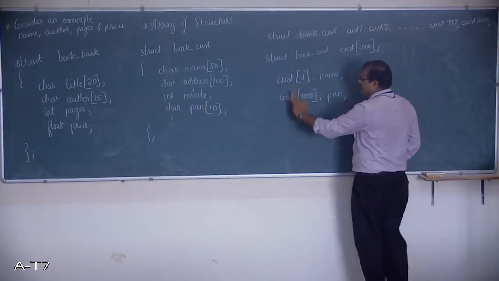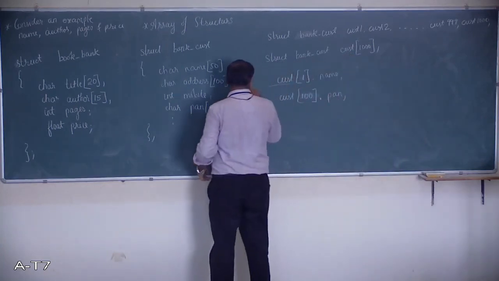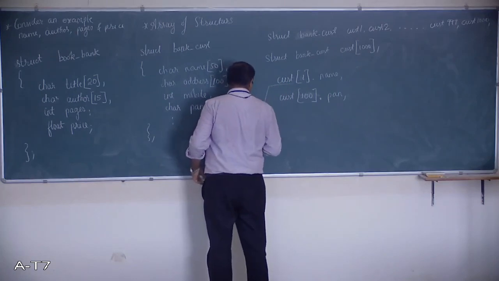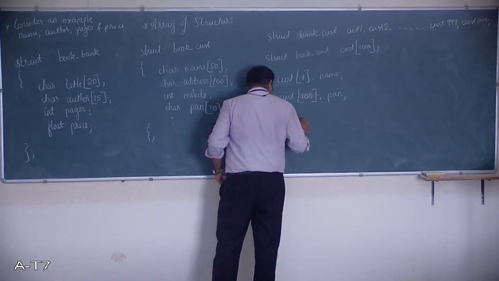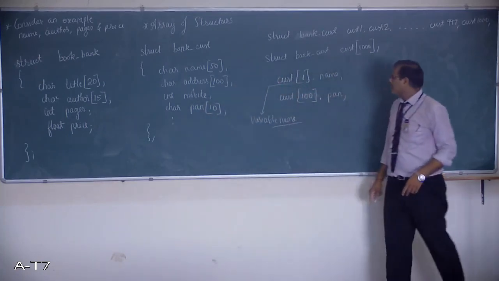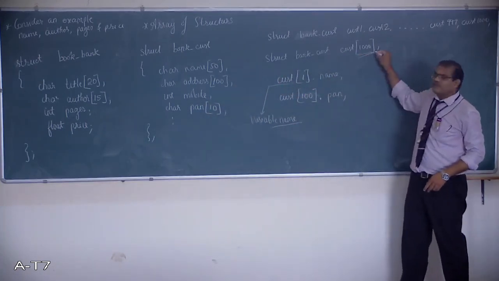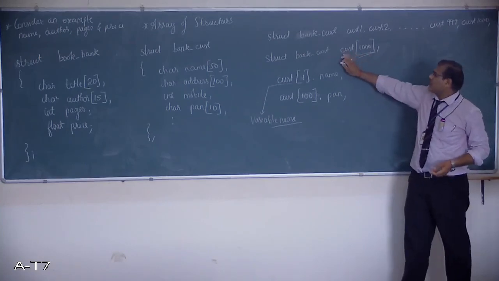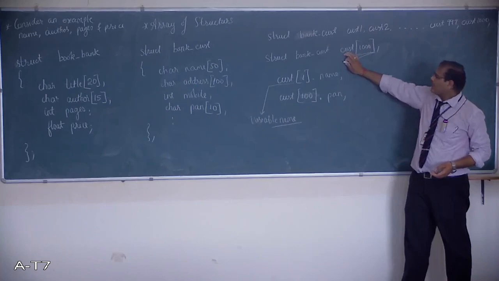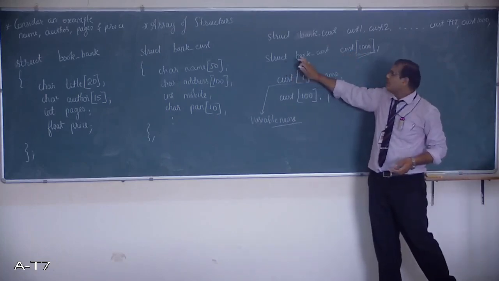So cust is a variable name here, and it has 1000 array elements of the structure bank customer, with the common name cust.